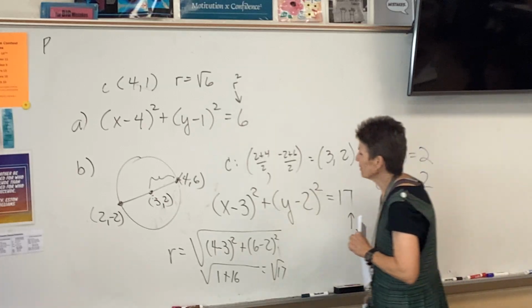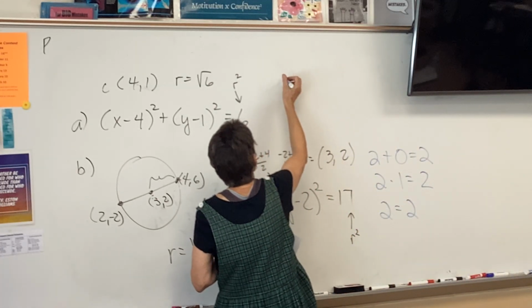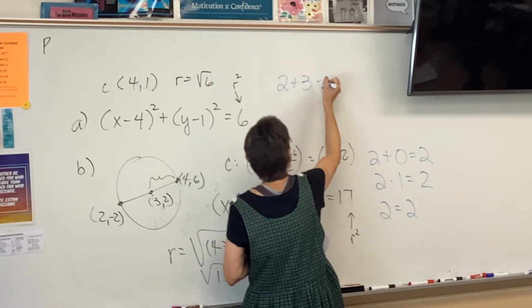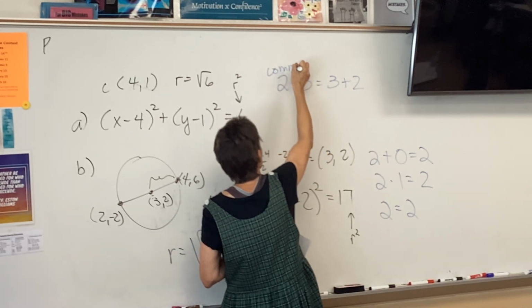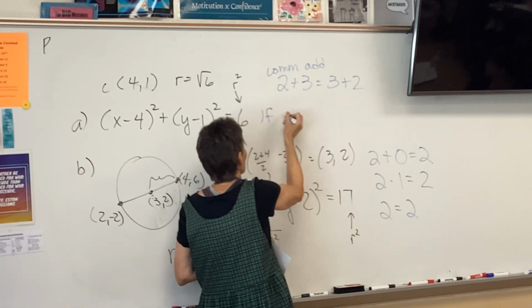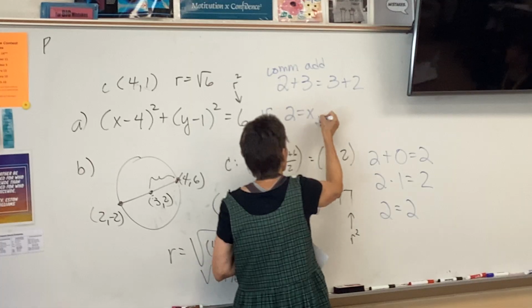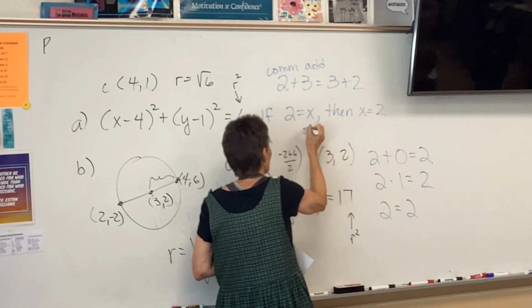So here is the difference. If we had 2 plus 3 equals 3 plus 2, that is commutative of addition. But if 2 equals x, then x equals 2, that is symmetric.